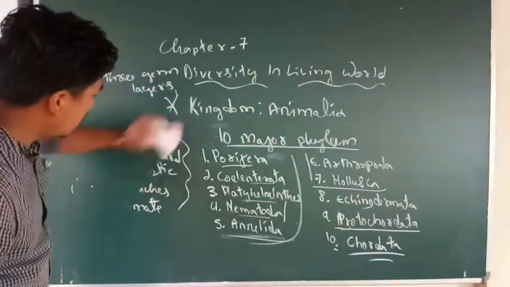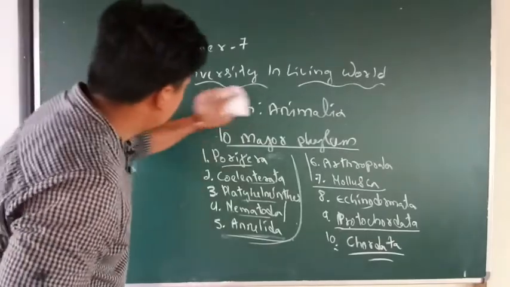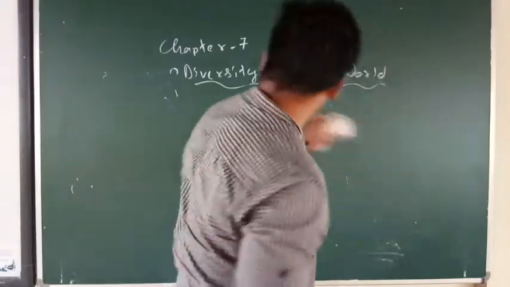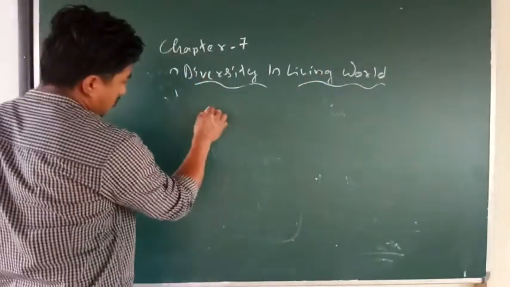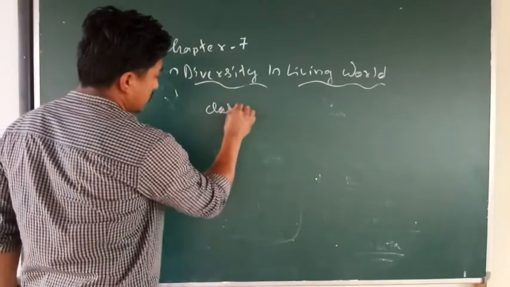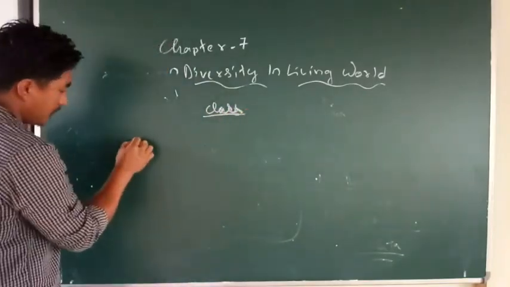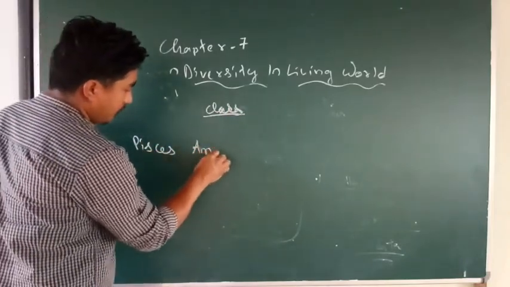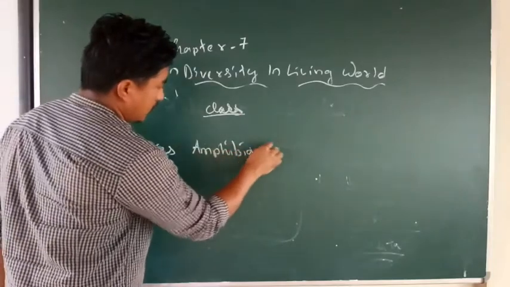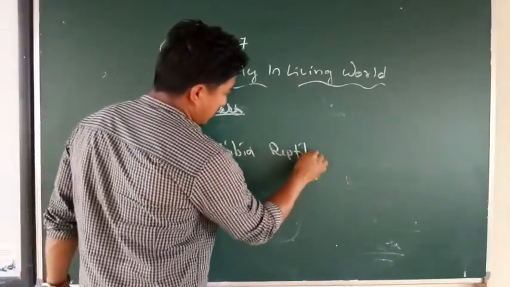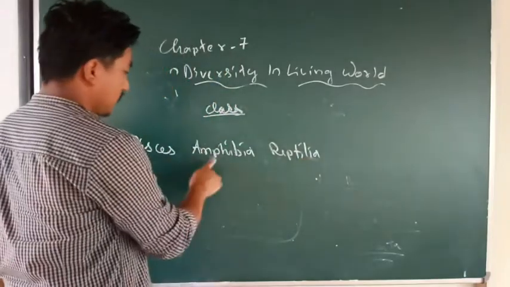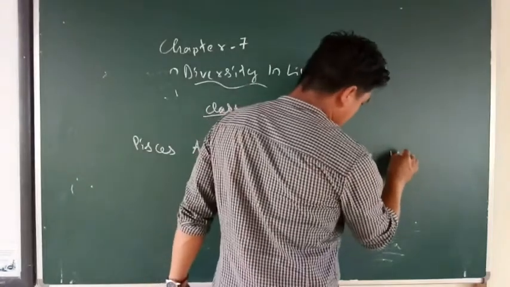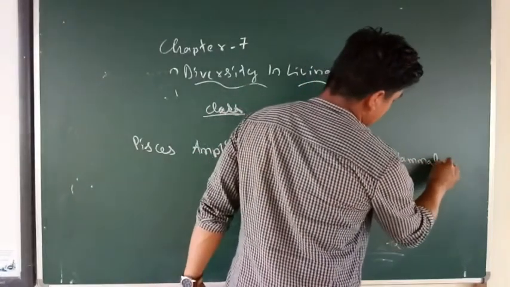Now again, phylum Chordata is divided into different classes. The different classes we have are Pisces, amphibia, reptilia, aves, and lastly mammalia.